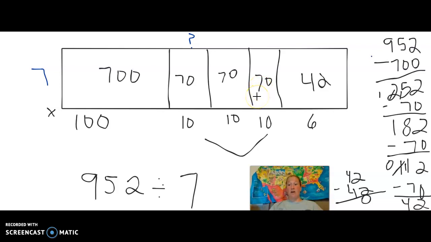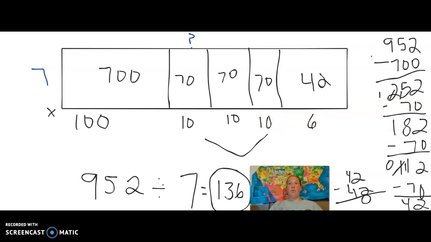So to make this quicker, we could have said 30, because our answer is, watch, 100, 10, 20, 6, which is 136, because you have to add up those partial quotients at the end. Okay, 100, 10, 20, 6.